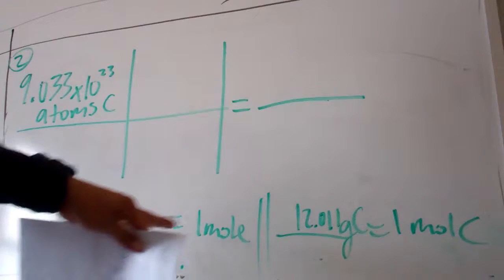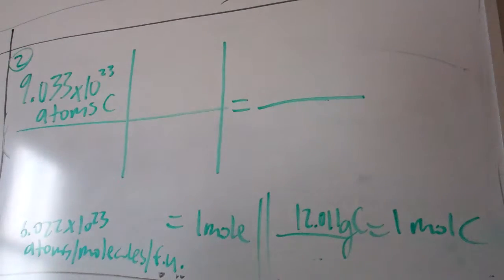Or you're going to have the other one that says some sort of grams is equal to 1 mole. In this particular case, 12.01 grams of carbon is equal to 1 mole. I like how they abbreviate mole, just getting rid of an E, of carbon. So these are the 2 conversion factors you're going to need. Those are the only ones when you're going from grams to moles to molecules. Now you just have to figure out how to use the darn things.